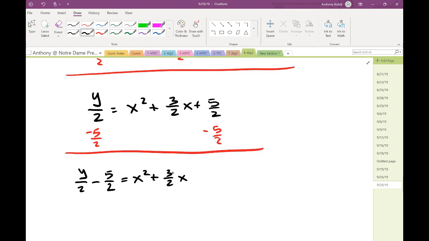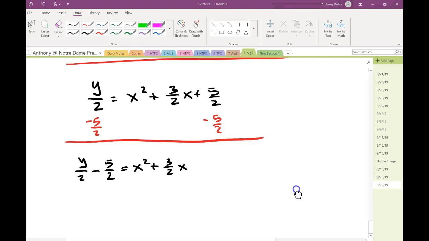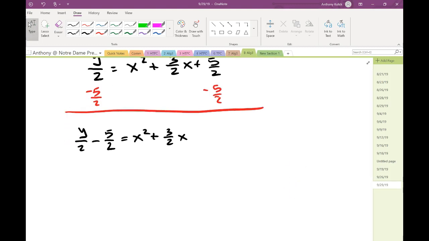Okay. Now what do I do? Add b over 2 squared to both sides.